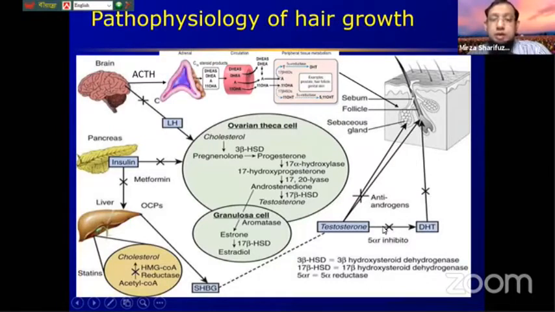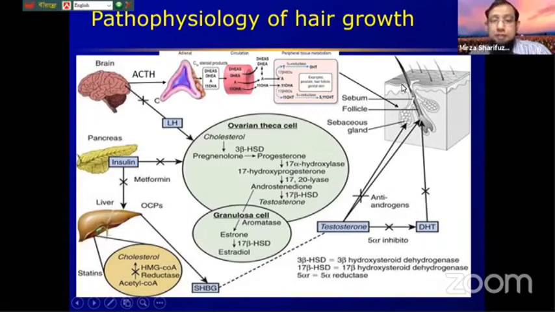From the ovary, we have testosterone, and that converts into its further active form dihydrotestosterone by the 5-alpha reductase enzyme. And these 2 act together on the hair follicle to cause growth. Again, from the adrenal cortex, we have a very high concentration of DHEAS, that is dehydroepiandrosterone sulfate, that is converted in the peripheral tissue to testosterone and dihydrotestosterone that act on the hair follicle.